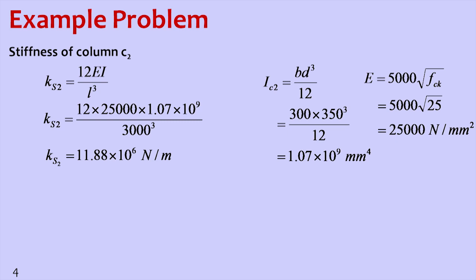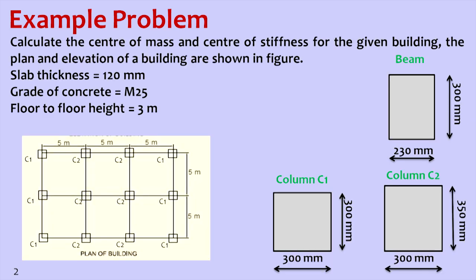So, if we go to the plan, we have 6 columns of type C1 and 6 columns of type C2. If I start numbering from here, this is column 1, and this is column 2, 3, 4, 5, 6, 7, 8, 9, 10, 11 and 12.